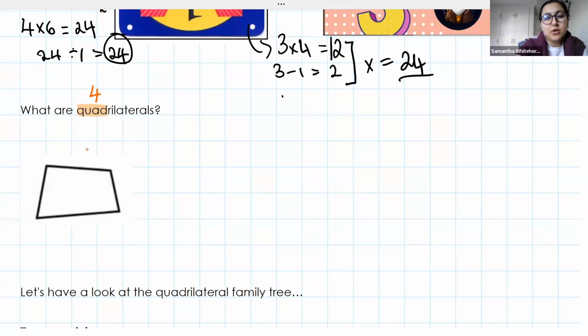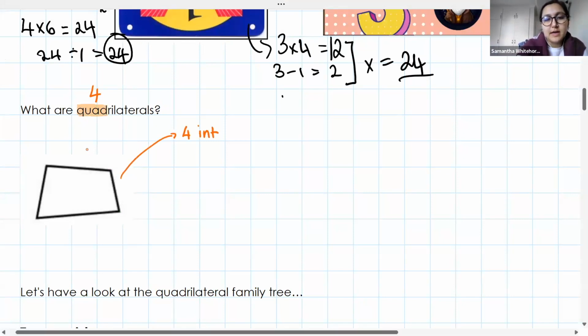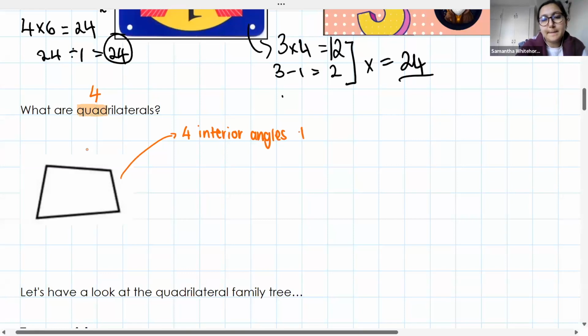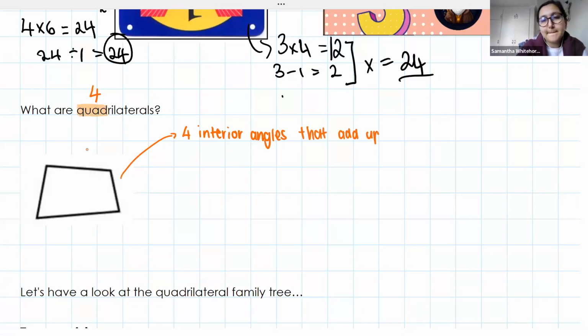And so if we go from Sean's definition, we have got 4 interior angles that add up to 360 degrees. So unlike a triangle where our sum is 180, a quad is 360.